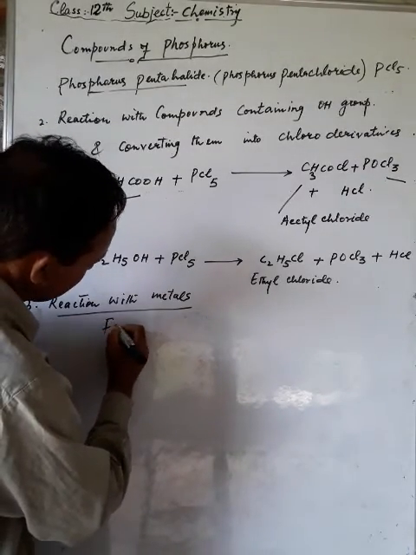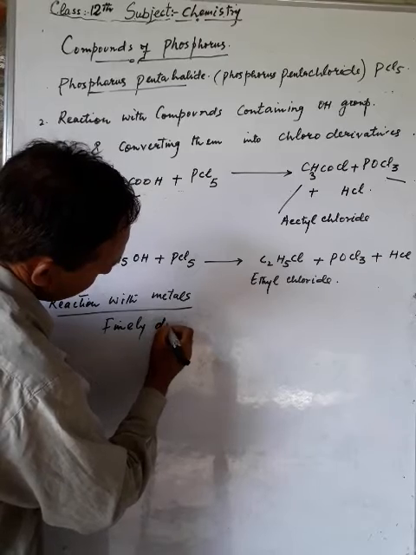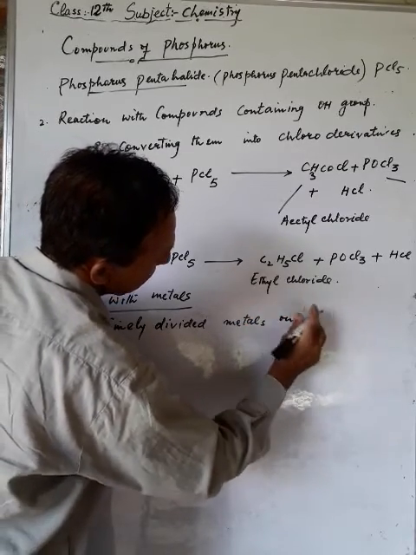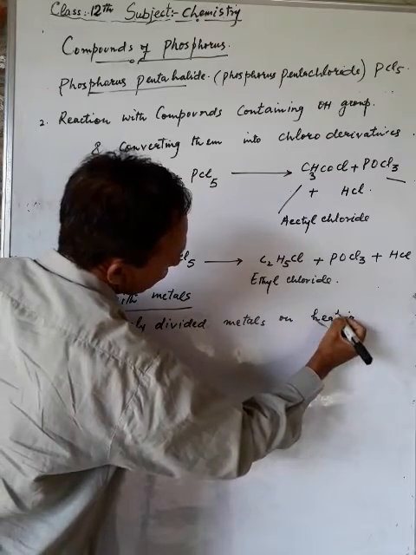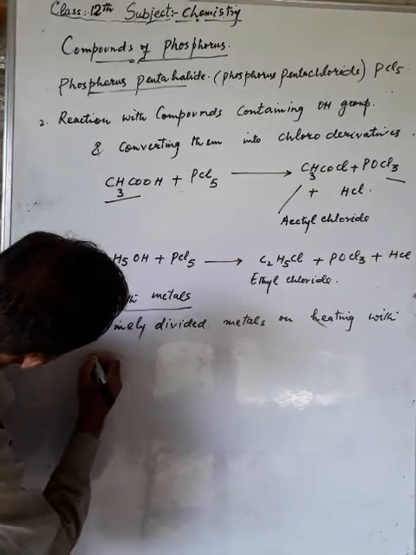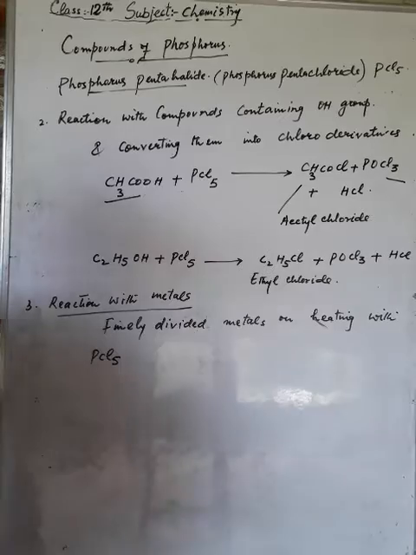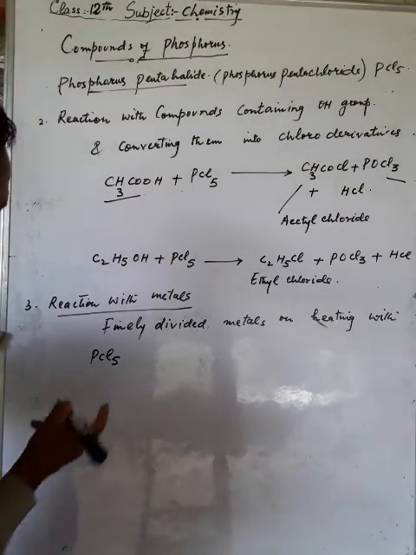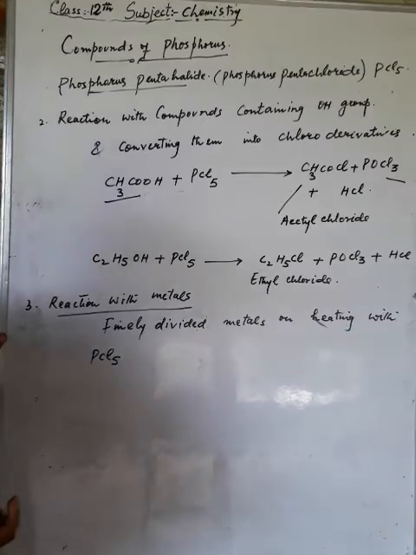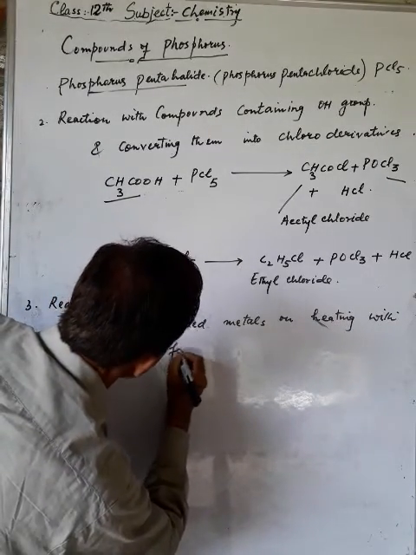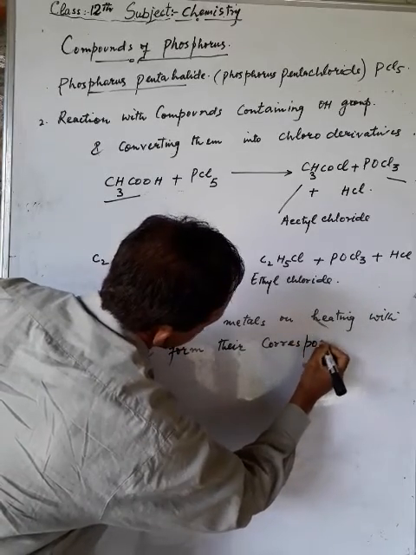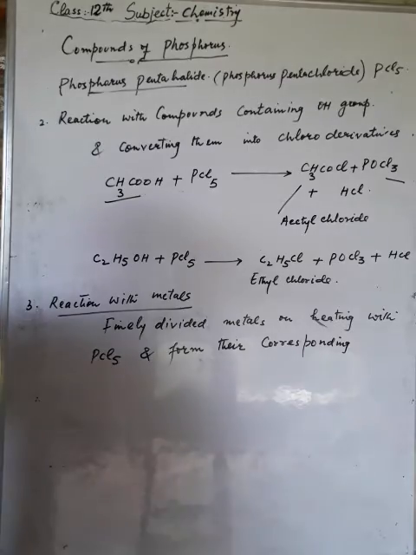Reaction with metals. If we take finely divided metals on heating with PCl5, they react and form their corresponding chlorides.